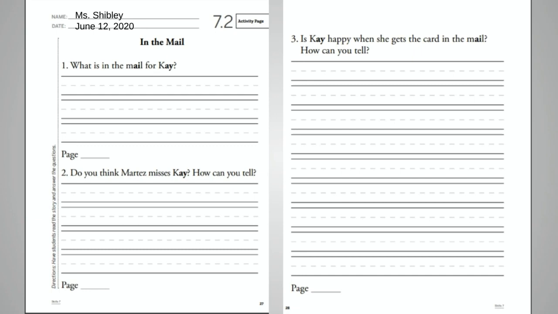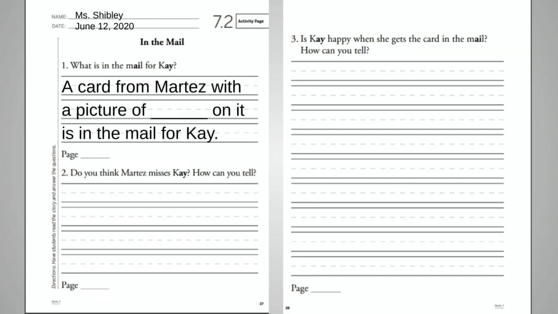Number 1, what is in the mail for Kay? A card from Martez with a picture of blank on it is in the mail for Kay. And we can think about it. What did we see on the card?